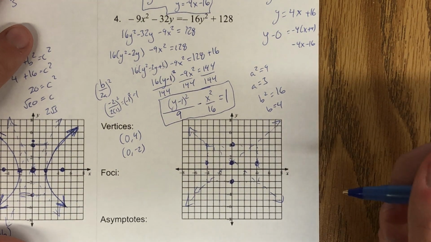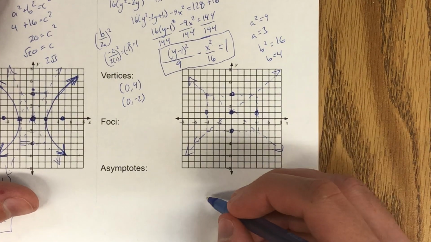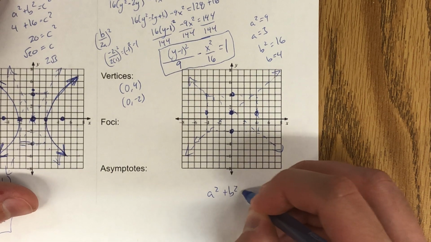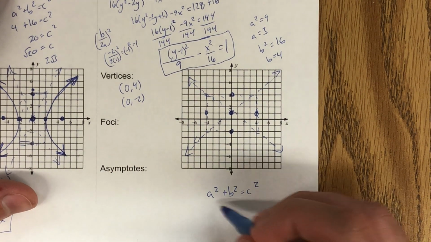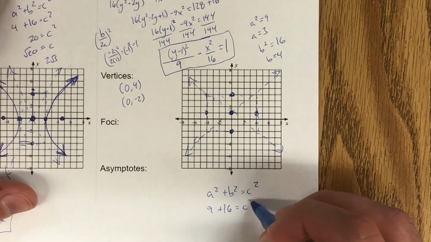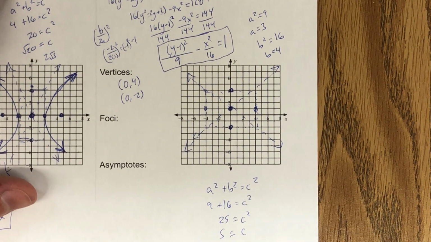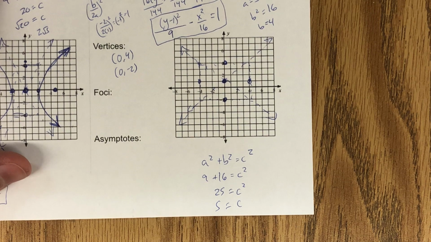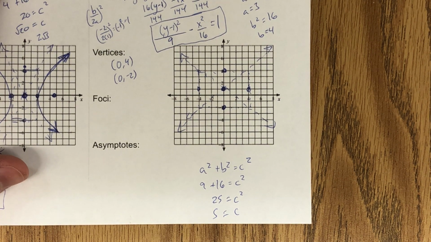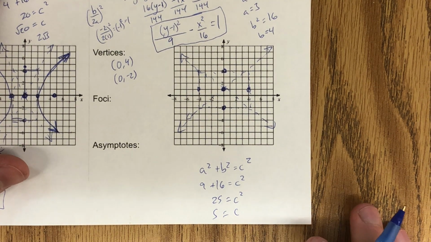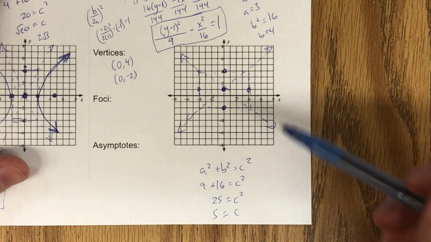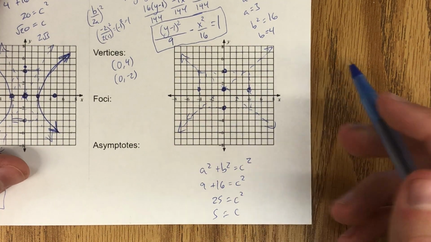Let's find our foci. So I'm going to do that work down here. So a squared plus b squared is c squared. So our a squared is 9, b squared is 16. So that means c squared is 25, or c is 5. So that means our distance from the center to the foci, going along the transverse axis, is 5 from the center.